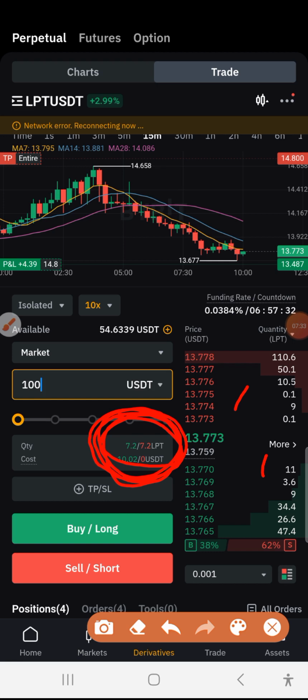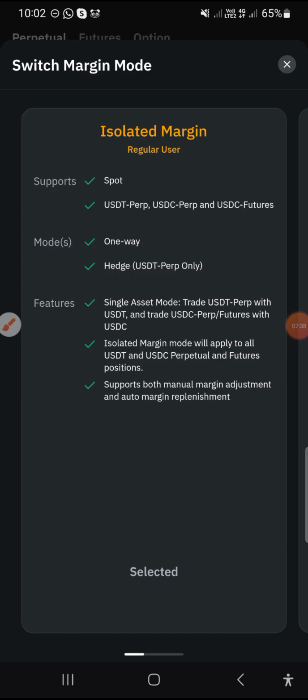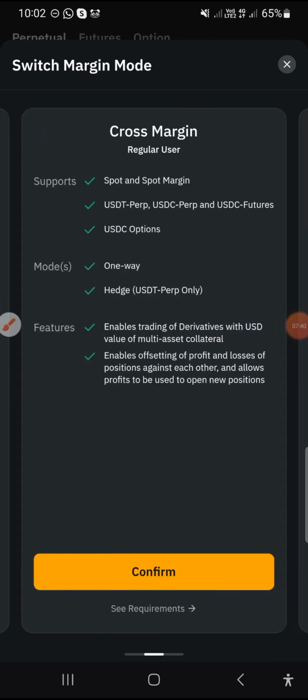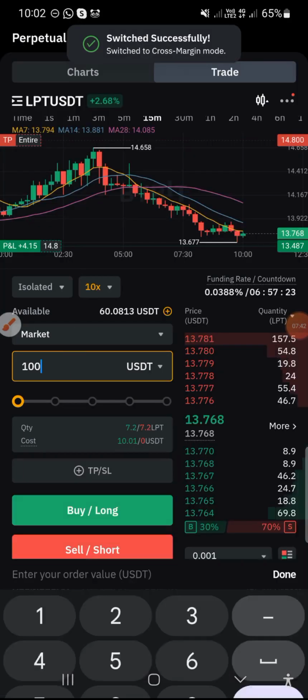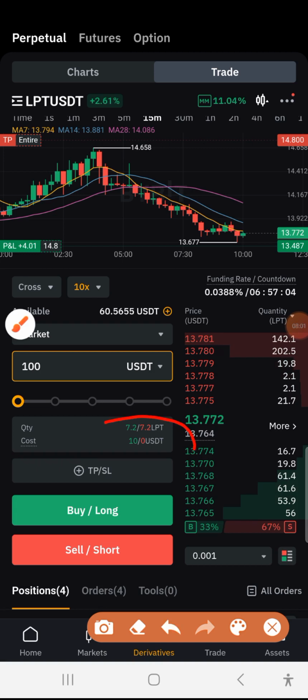But if you want to use cross margin, all right, let's go to cross margin. If you are using cross margin and you put $100, just like I put here now, there is a tendency that if a liquidation occurs, you will lose both the $10 you are using to trade and the $60 in my available balance.